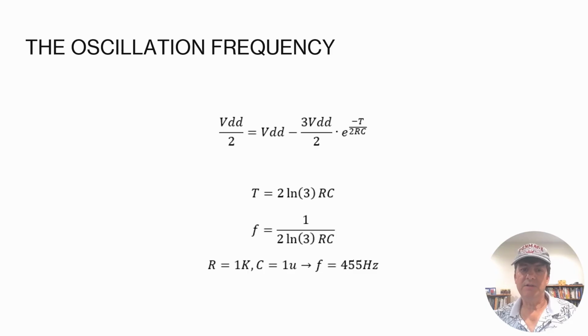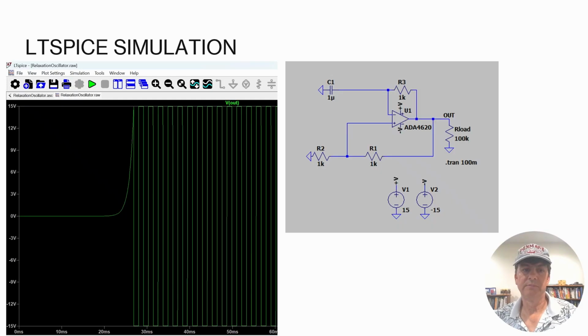Basically, in the equation, the period T is divided by 2 because it represents half of the full period, the portion of time when the capacitor charges from minus VDD divided by 2 to VDD divided by 2. In the slide, R is equal to 1 kΩ and C is equal to 1 µF, which produces a frequency of oscillation of 455 Hz.